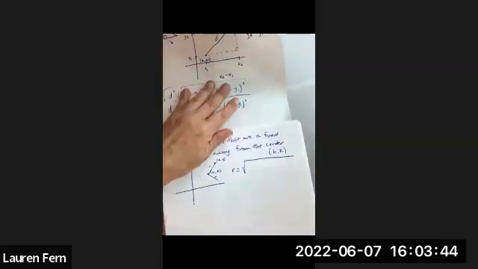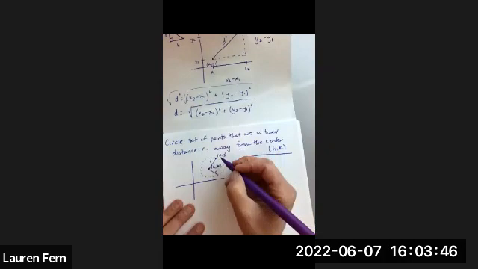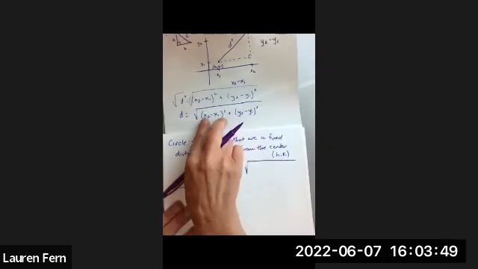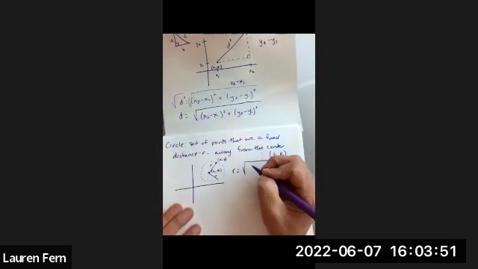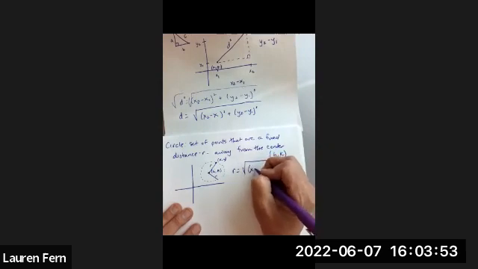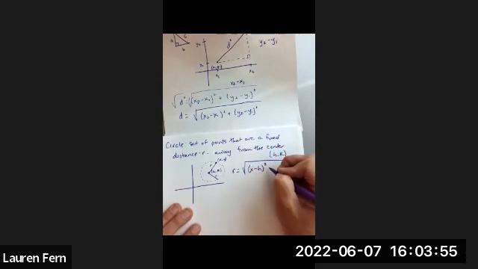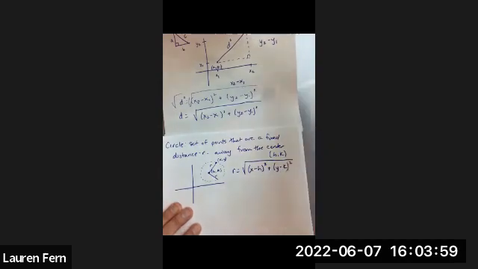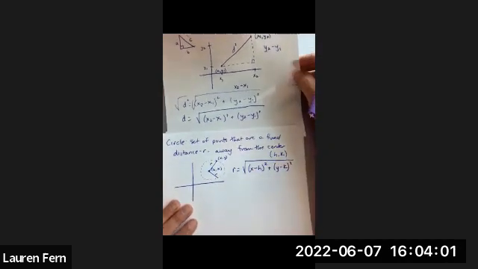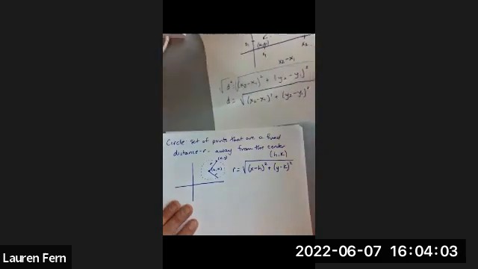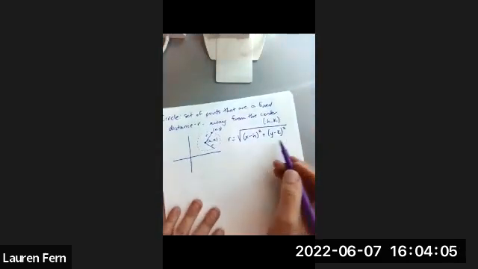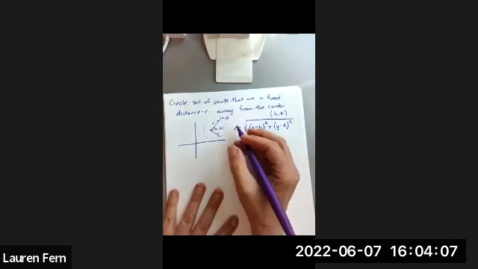We know that r is the square root, and I'm using my distance formula here. So we know that r is the square root of, well, you take the difference between your x values and you square them. So x minus h squared. And then you do the same thing with your y values, y minus k squared. Well, it's not always convenient to have things in terms of radicals.